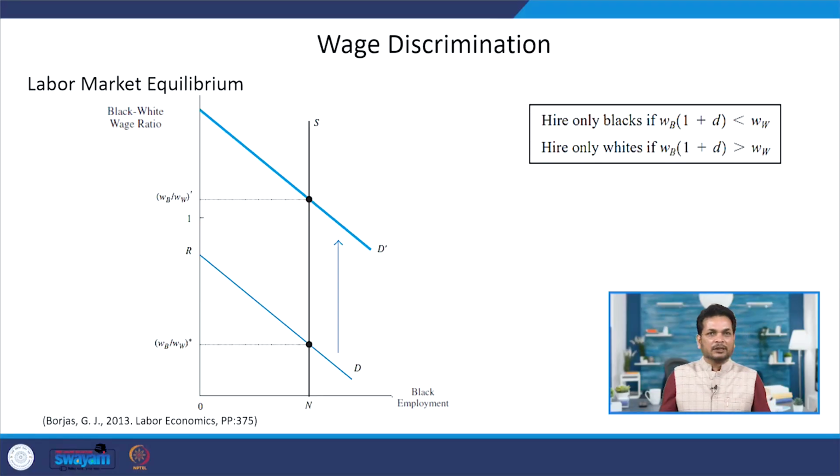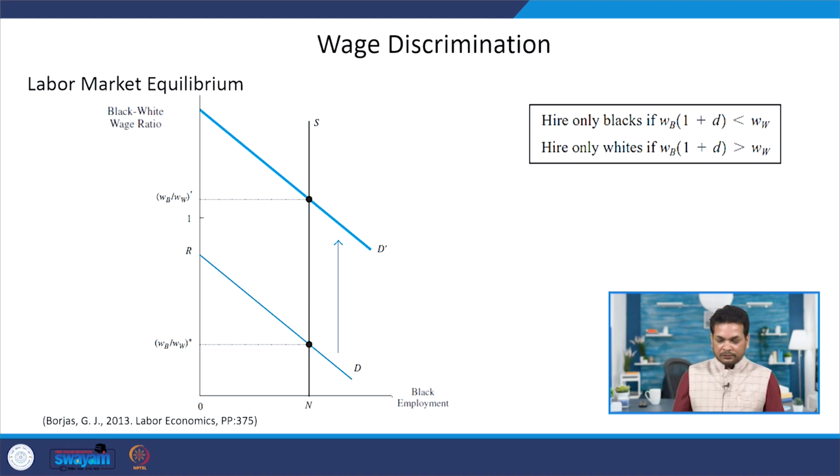In fact, even if the black wages are slightly less than the white wages, this utility adjusted black wage will probably exceed the white wage for all the firms, and no employer will want to hire any black workers. Let us explain how it works while deriving the demand for black workers.